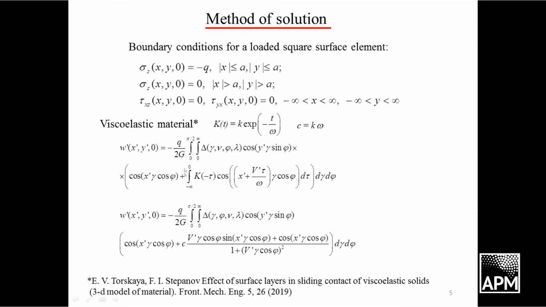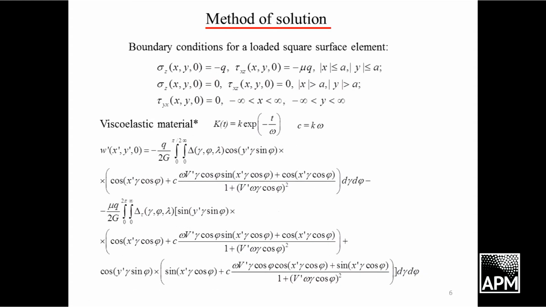And in the space of double Fourier transforms, it can be solved analytically. And the result is here. This is the result which was obtained earlier in this paper for normal load. But just now, I will present you the analytical results which were obtained also for normal and tangential load.